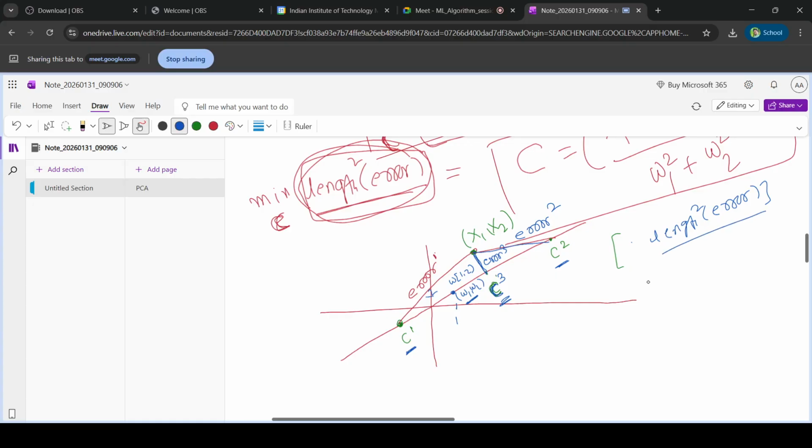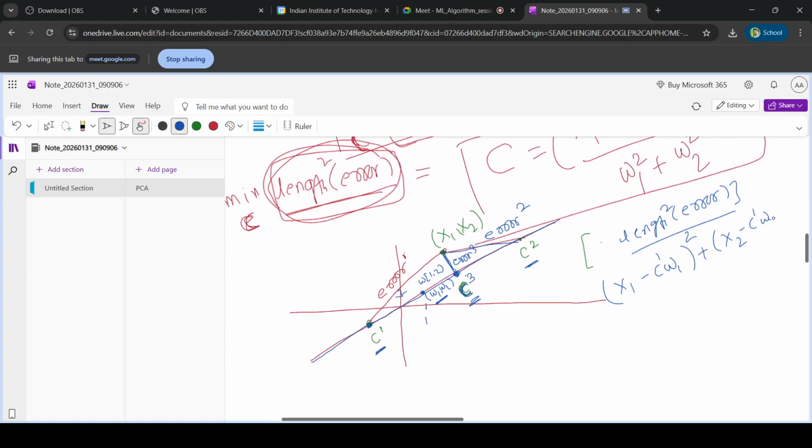Length square is x1 minus C1 W1, because all the points are multiples of W1 and W2. This is squared because we are doing length square, and x2 minus C1 W1.